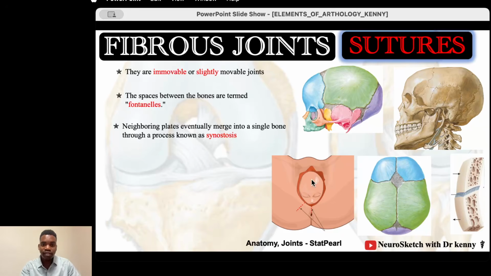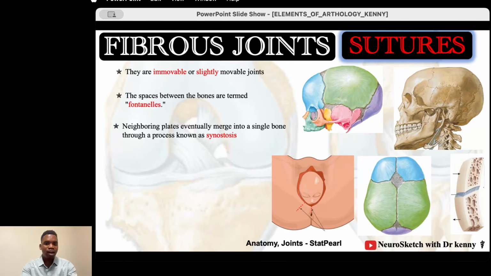So the sutures act like compressible parts to allow easy passage, so the head of the baby can be accommodated in the birth canal. That's the very importance of having sutures in the first place. Otherwise, if you had a rigid skull during uterine life, it would be hard to be born through the birth canal, because sometimes the birth canal is smaller than the size of the head of the baby. That's the number one reason.